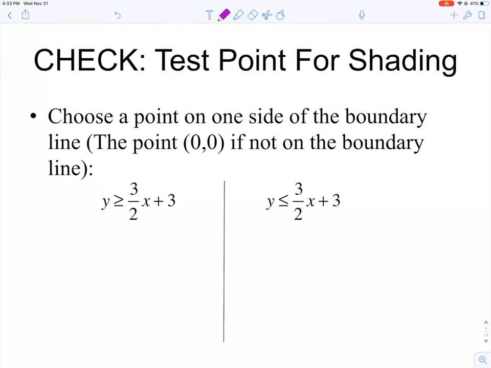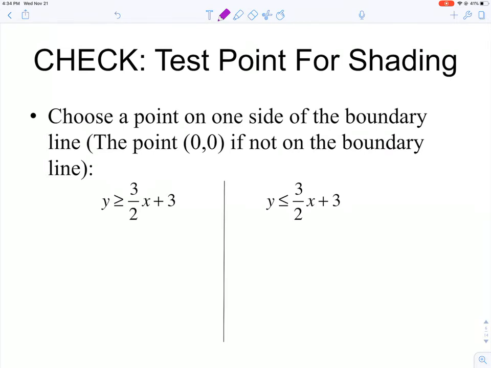If you choose a point that's in the shaded region, you're hoping for a true statement when you substitute that point into the inequality, because you're saying it's part of the solution set. But if you choose a point that's not in the shaded region, then you should be getting a false statement when you substitute the point in.